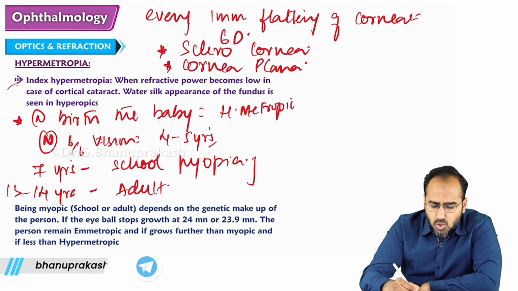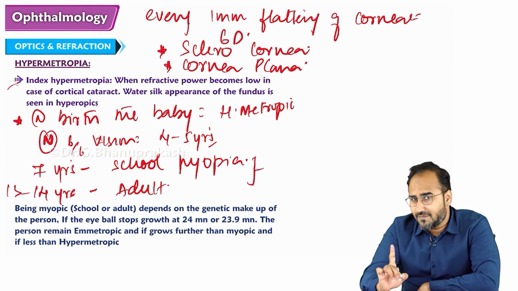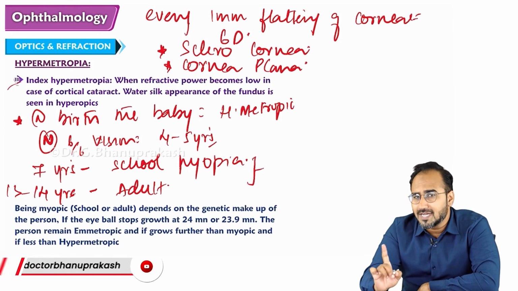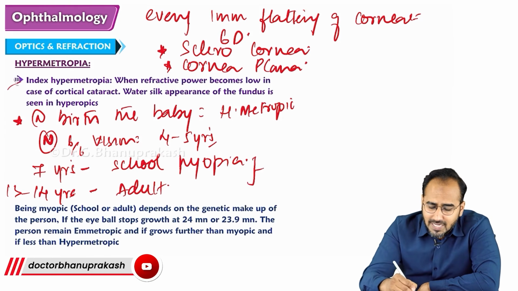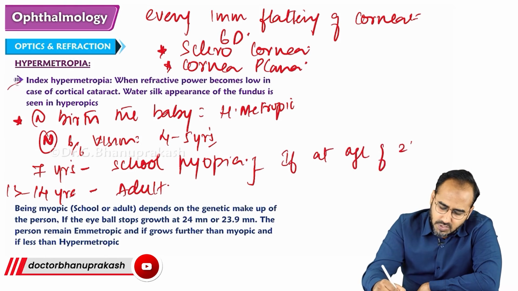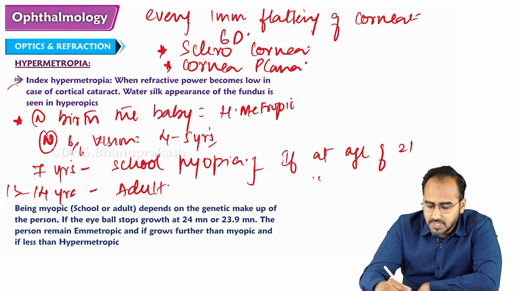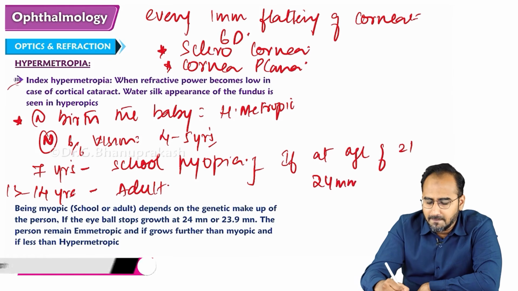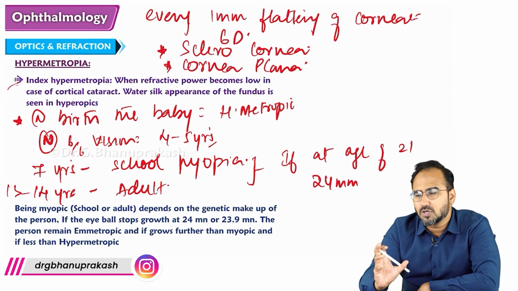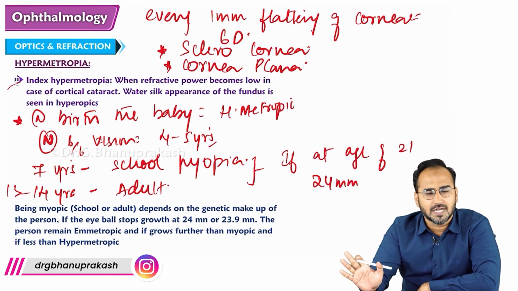But whether it is school or adult myopia, it gets automatically corrected if at the age of 21 the eyeball stops growth at 24 mm. No need of wearing glasses and all.